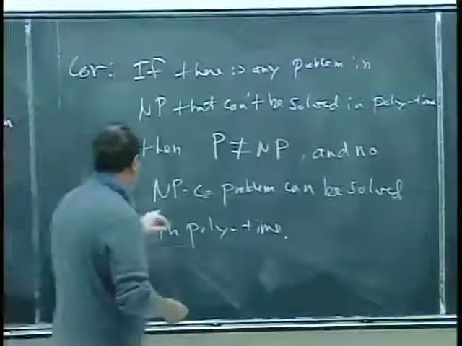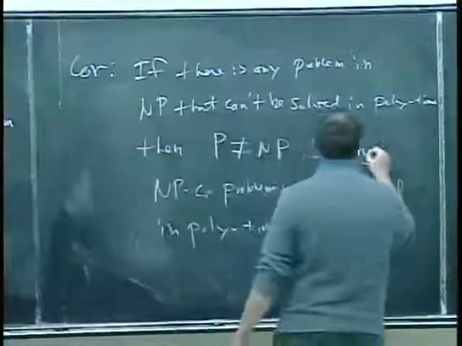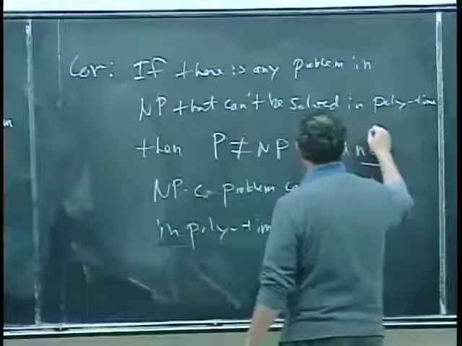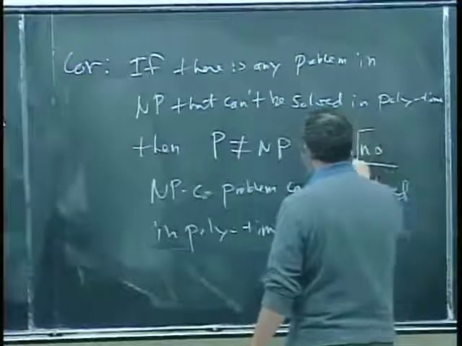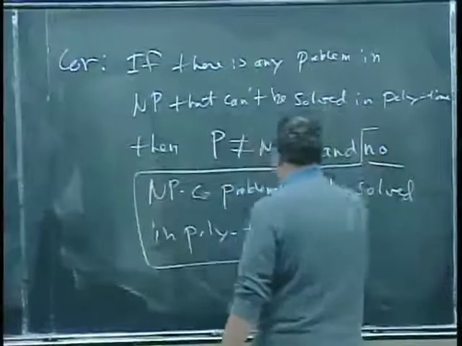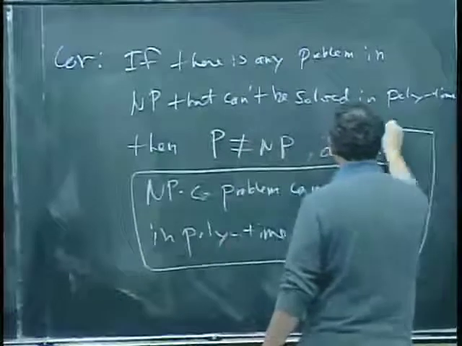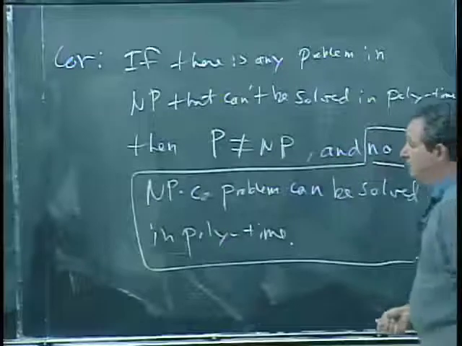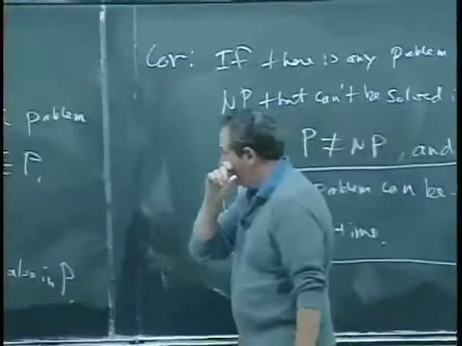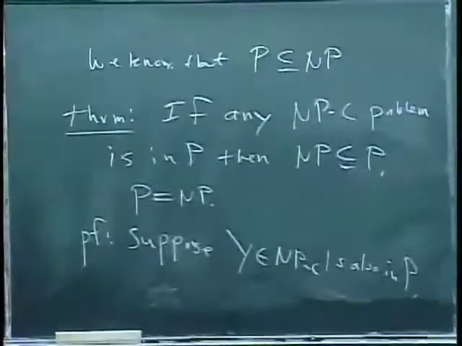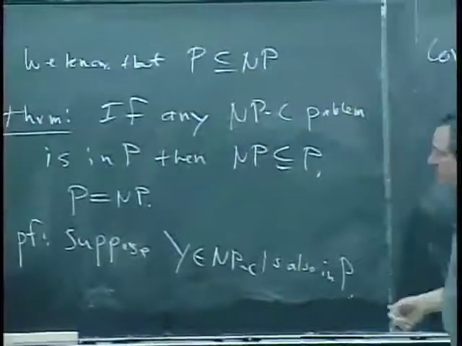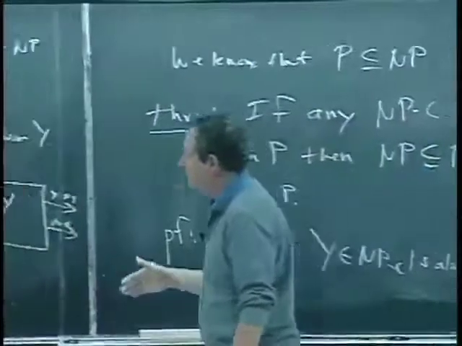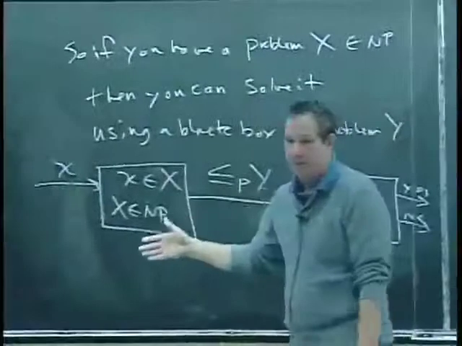But this is actually the one that's the most important, probably. No NP-complete problem can be solved in polynomial time. Okay? So we have these 2 consequences of basically the definition of NP-completeness and the definition of NP.